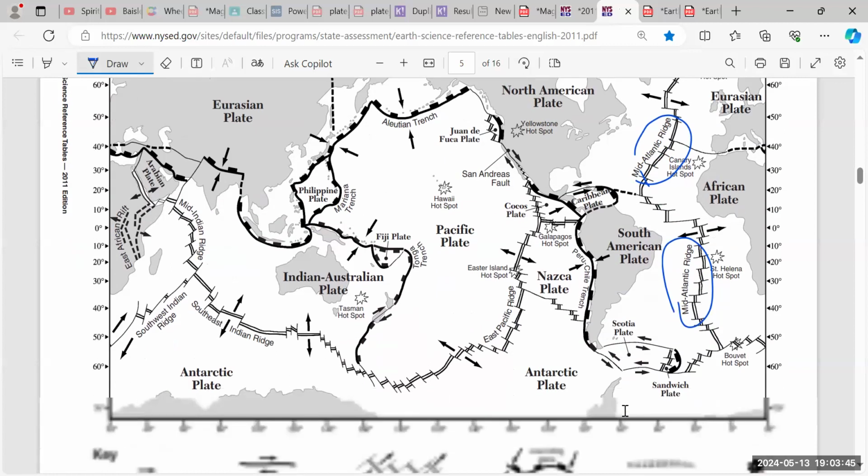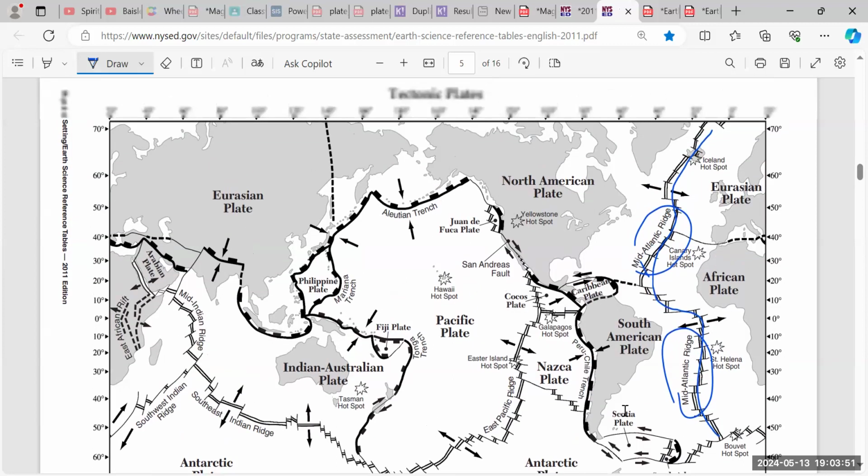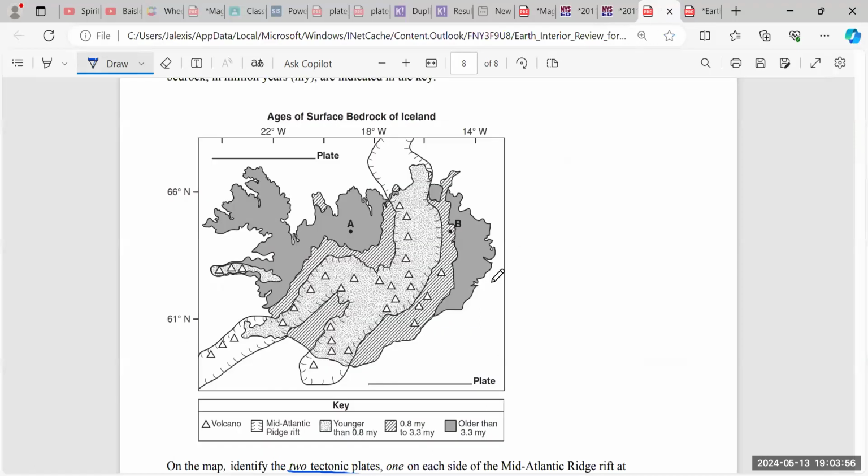It connects this entire region right here. And they want to know the two plates, and we have to write them right over here in this area.